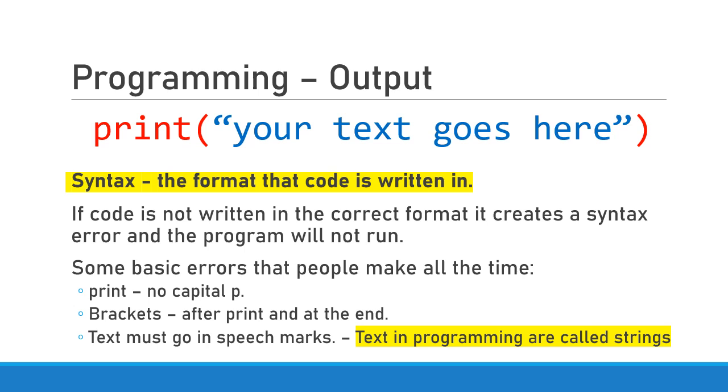Make sure that you've got print spelled without a capital P at the start of it, that we've got brackets opening and closing, and anything that goes inside of those brackets, all that text, all those numbers, letters, symbols, it doesn't matter what it is, as long as it's within speech marks, then Python will be able to output it to your screen.